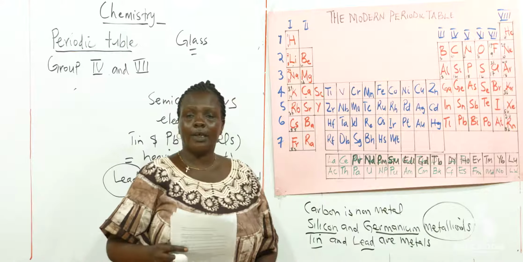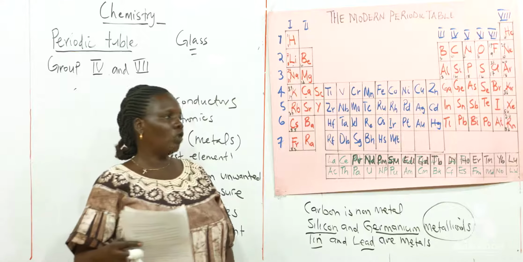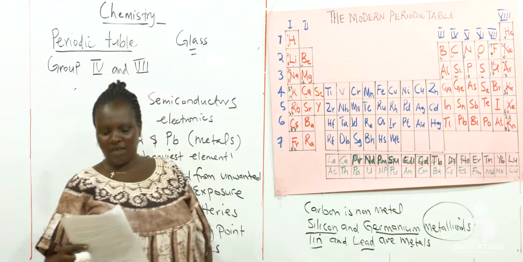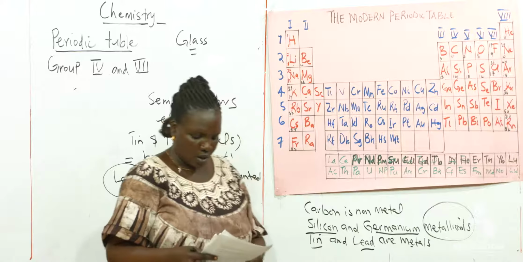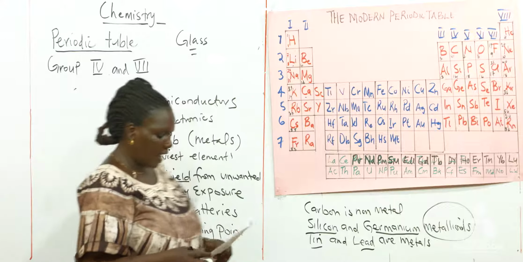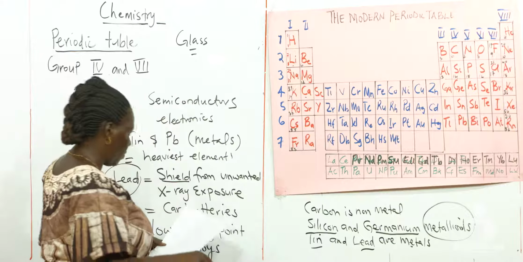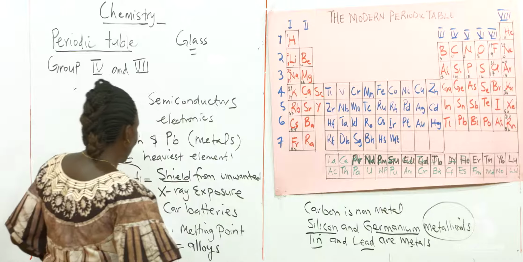An alloy is a mixture of two or more metals. Usually two or more metals are mixed together to give us a different product. These alloys will be used for protective shielding around nuclear reactors.